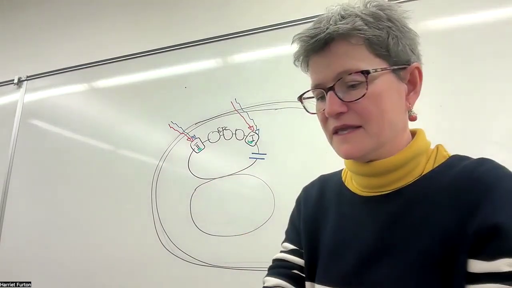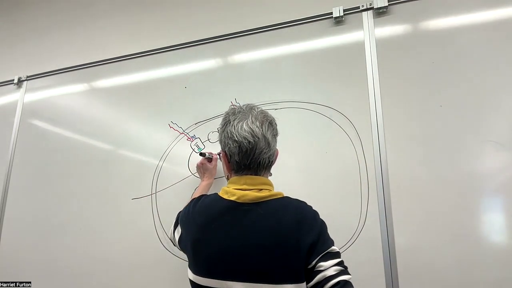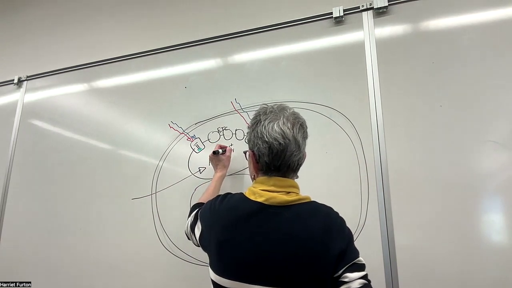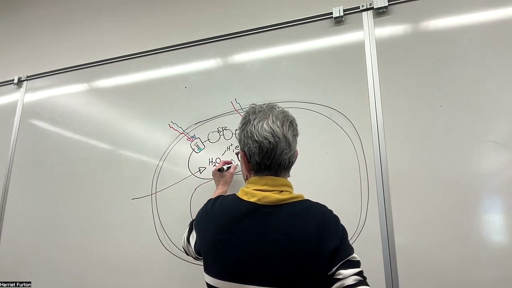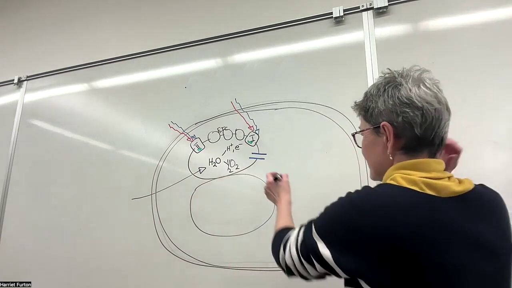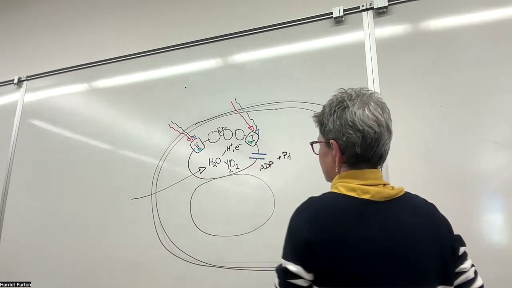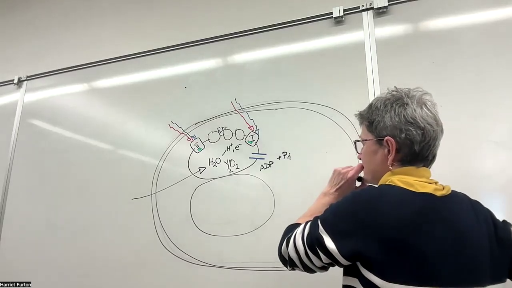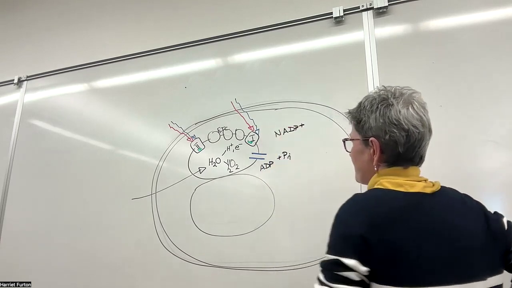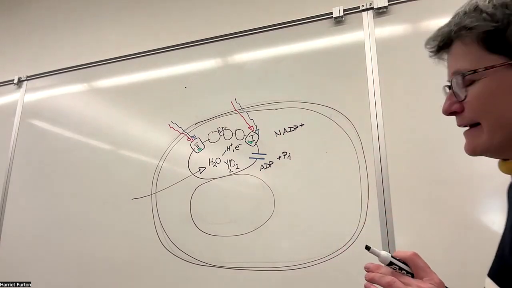We had the water molecule going in here that split up into hydrogen ions, electrons, and oxygen. We had the ADP and the inorganic phosphate in here. What else we had? We had the NADP plus over here. Okay, so something like that, what we had.